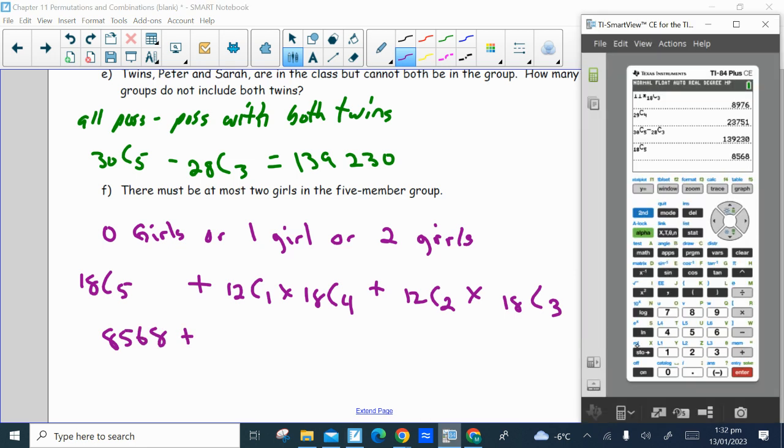Plus, let me store that into memory. I need to get it back to add it to the other 2.